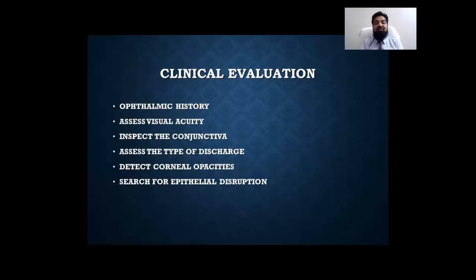We check the visual acuity, and then we see the conjunctiva, we see the cornea, we see any discharge like pus discharge, or we can ask about history, whether the lid is sticking in the morning, and then we see if there are any corneal defects, and search for epithelial disruptions. History and examination evaluation is very necessary.